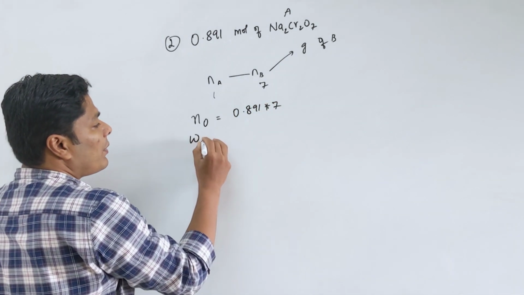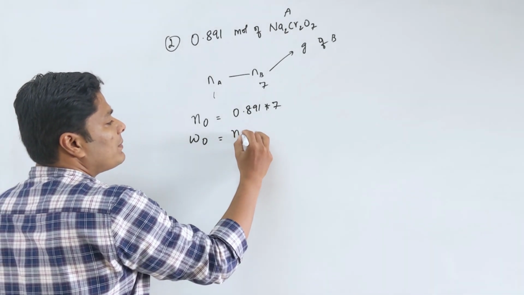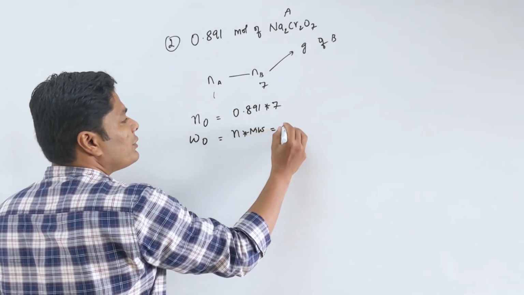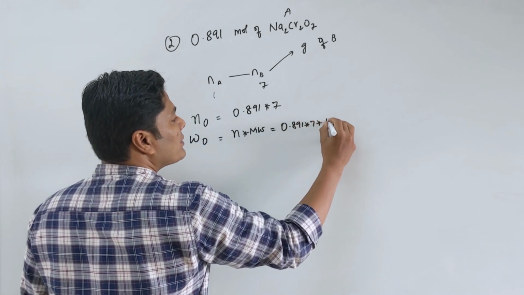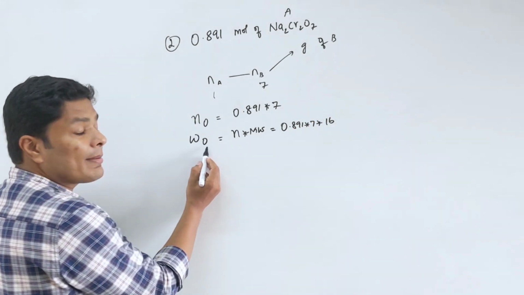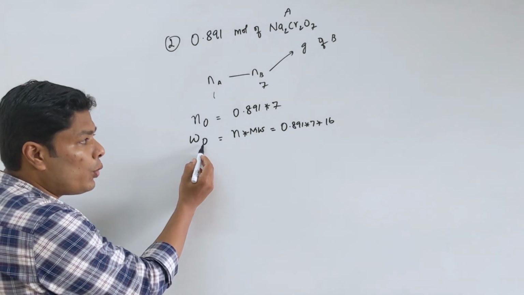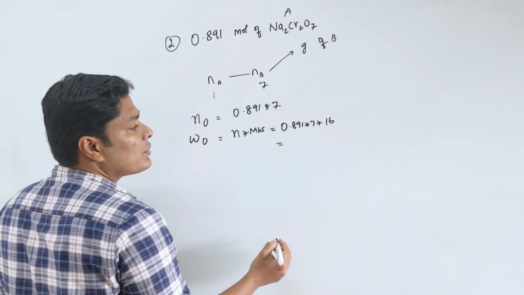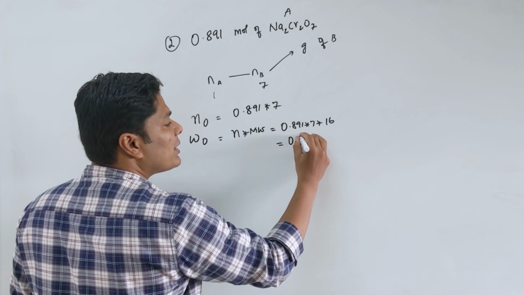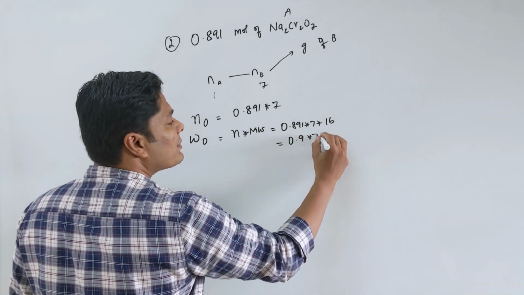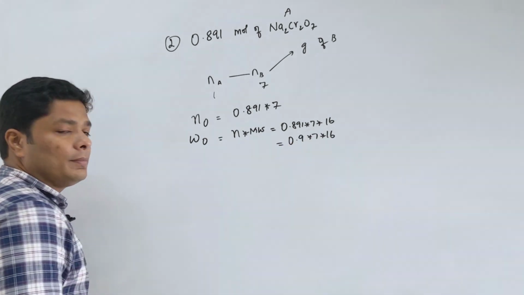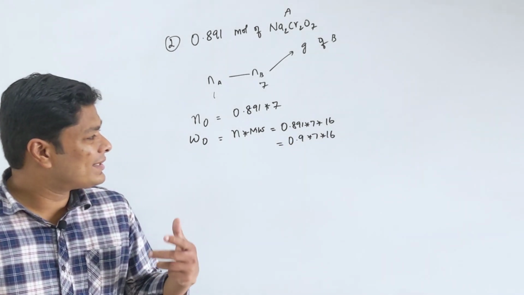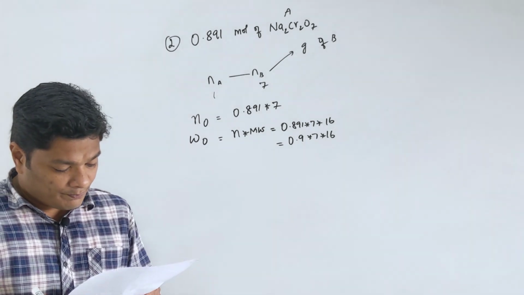So what is the mass of oxygen, moles times molar mass, which is going to be equal to 0.891 times 7 times 16. I am using 16 because I am not calculating O2, I am calculating O. So you can calculate this. For all practical purposes, we can use it as 0.9 times 7 times 16. Now you can calculate it. So I leave it up to you. You should get somewhere around 100 grams.